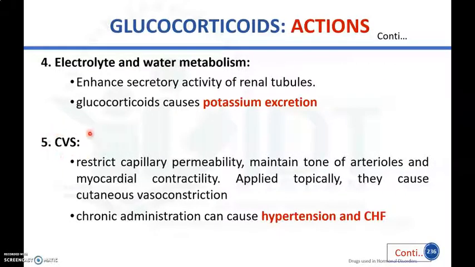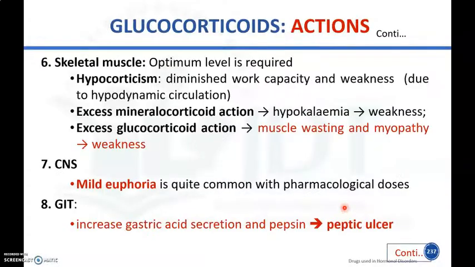And in cardiovascular system, the glucocorticoid will restrict the capillary permeability and maintain the tone of arterioles, and it will decrease the myocardial contractility. So applied topically, they cause cutaneous vasoconstriction, and the chronic administration of glucocorticoids may cause hypertension as well as congestive heart failure.